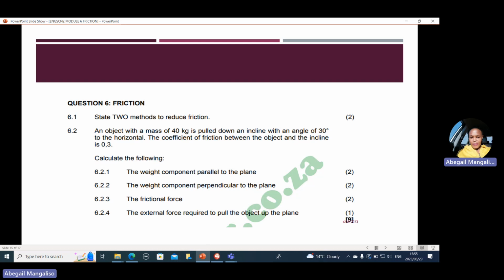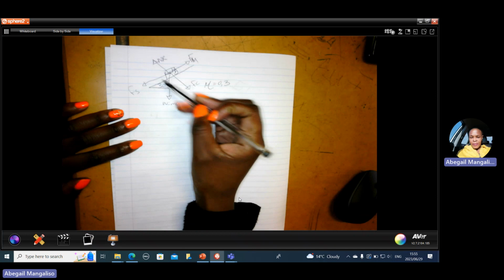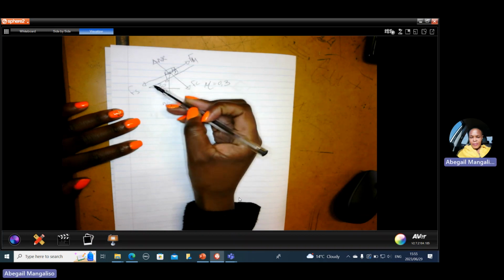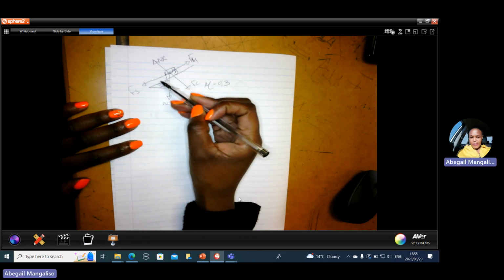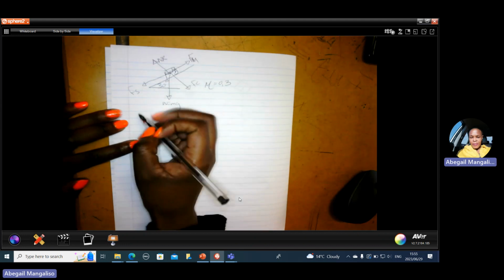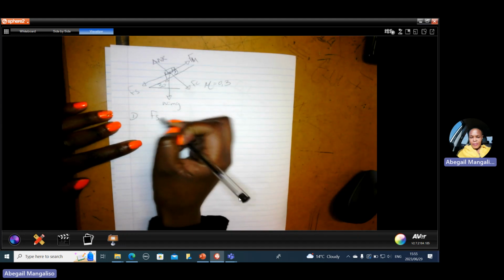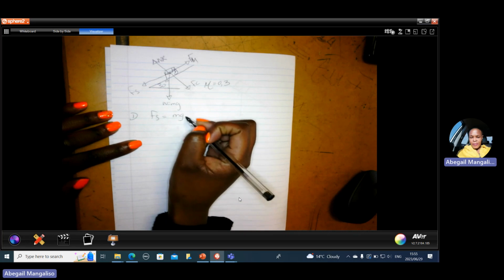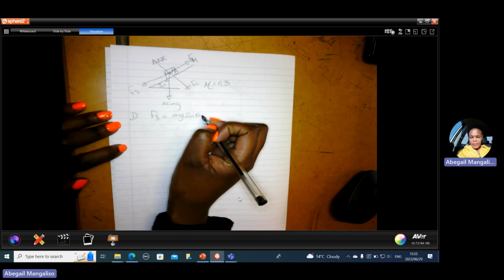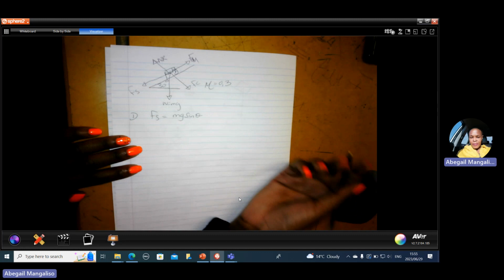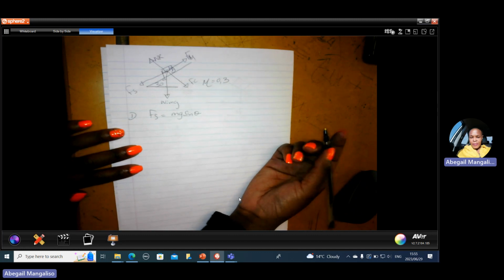The weight has two components. This is the plane, this is the component. So Fs is parallel. To answer number one, Fs is equal to mg sine of theta. It's the one that takes sine, that's why it is labeled as Fs.